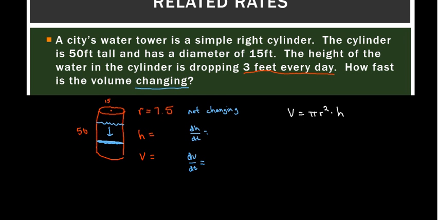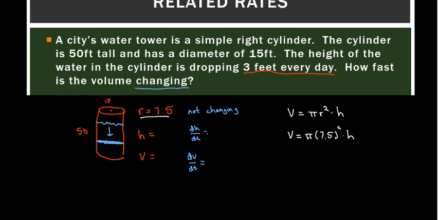And then we want to think, which of these variables don't change? R does not change, so we can actually plug in R right now. Pi times 7.5 squared times H. Because R is not going to change, I can plug that in right now.